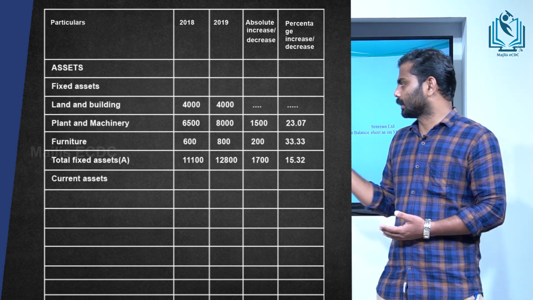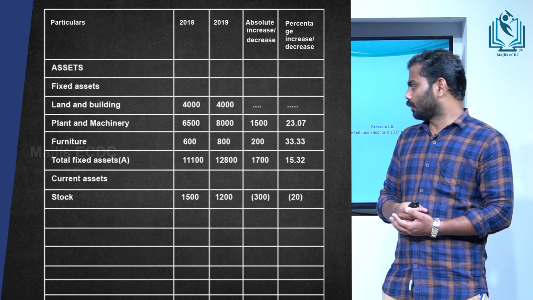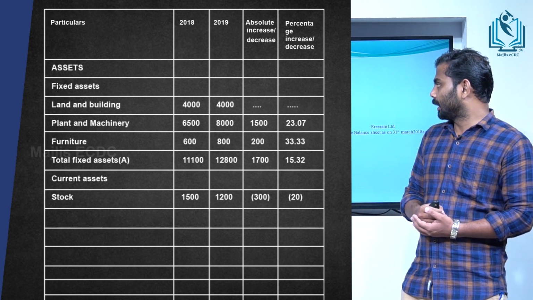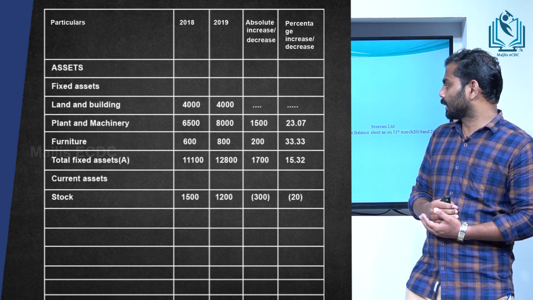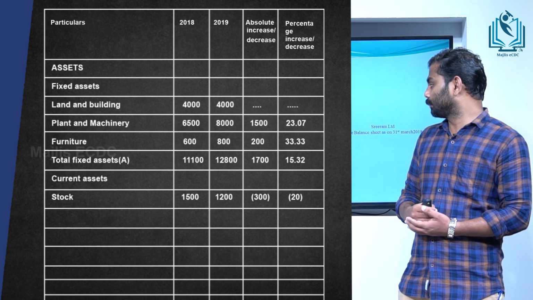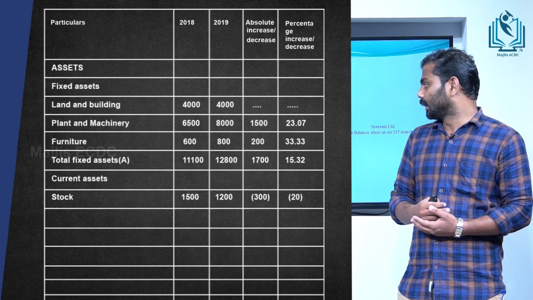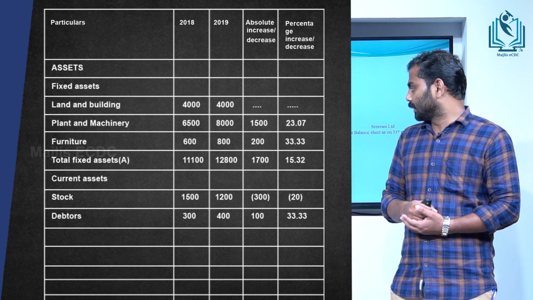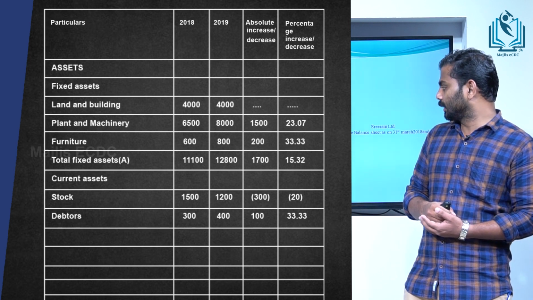The next current asset, given stock rupees 1,500 in 2018 and 1,200 in 2019. Absolute decrease is rupees 300 and the percentage of decrease is 20. And debtors rupees 300 in 2018, rupees 400 in 2019.